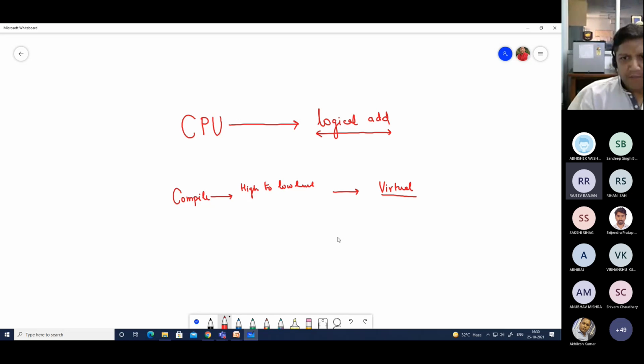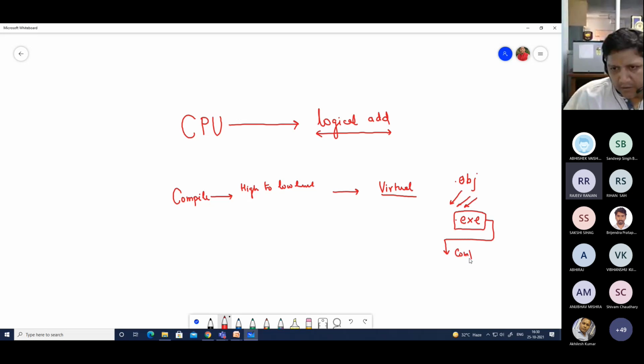So you can compile a program anywhere else, generate an .obj file, and then you can link the libraries, you can generate an exe file anywhere else, and that exe can run anywhere else if your operating system and architecture are compatible.